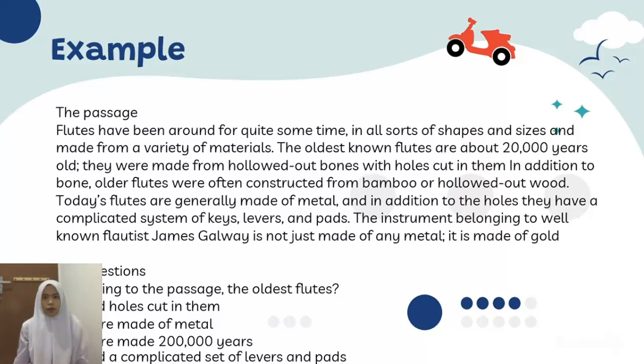Older flutes were often constructed from bamboo or hollow wood. Today's flutes are generally made of metal, and in addition to the holes, they have a complicated system of keys, levers, and pads.